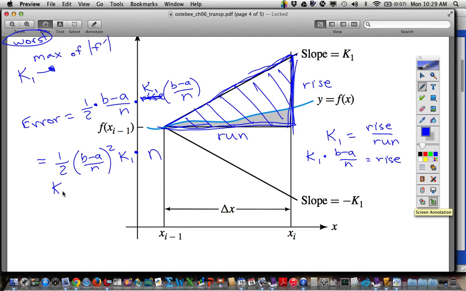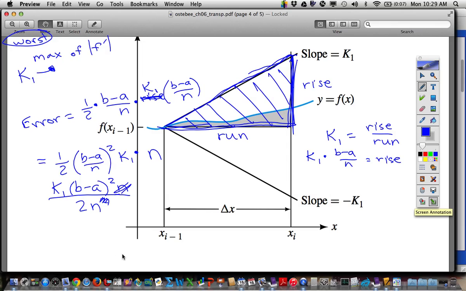I'd have K1 on top, B minus A squared on top, and an N on top. What would I have on the bottom? A 2 N squared. And then won't this N cancel one of those? And voila, look at page 387.